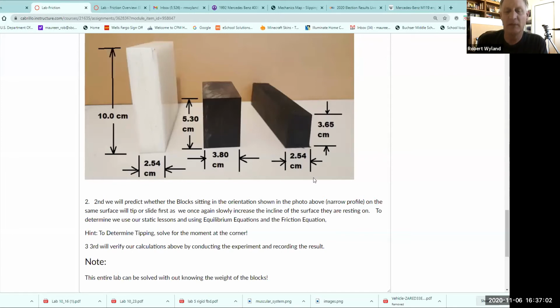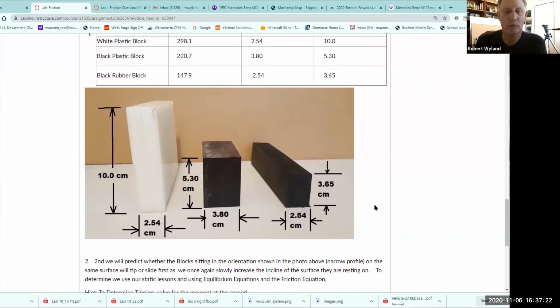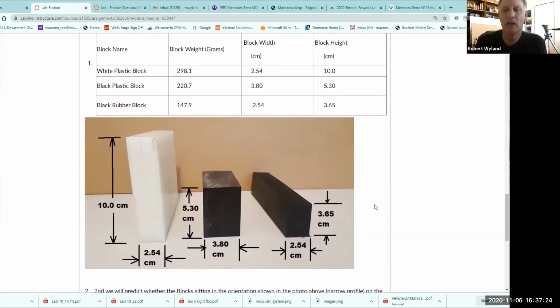What angle would it tip? Then we're going to compare the two angles, and that'll tell us whether it should have tipped first or slid first. You already sort of know the answer because we did it experimentally, but I want you to show me mathematically what is supposed to happen.